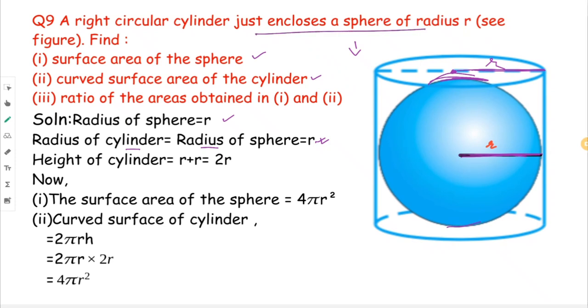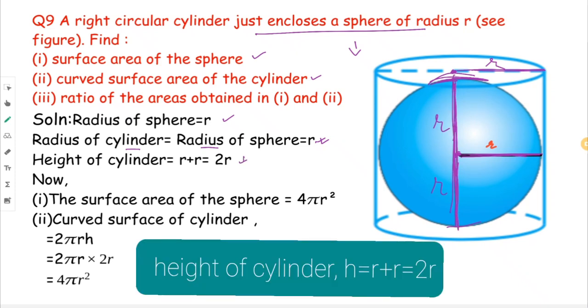That means the sphere is touching the top of the cylinder, in simple words. So this gives us the diameter of the sphere. From here till the top is r, and from here till the bottom is also r. But if you look properly, it will give us the height of the cylinder. So the height of the cylinder is r plus r, I'm going to get 2 times r.